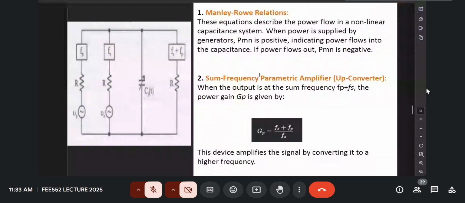So GP for an up converter will have the formula for the gain being (Fs plus Fp) over Fs. So here we'll have a positive gain above 1, which will amplify our signal upwards. So this device amplifies the signal by converting it into higher frequencies.